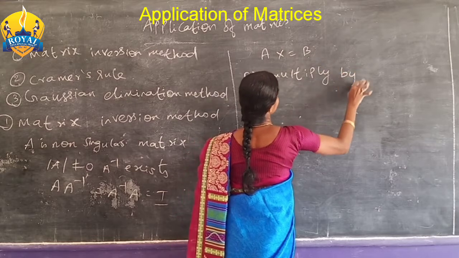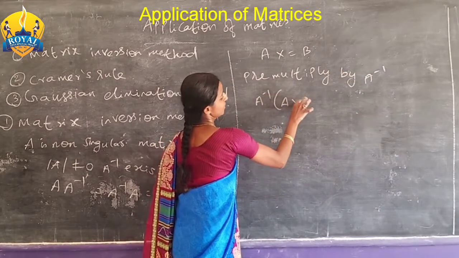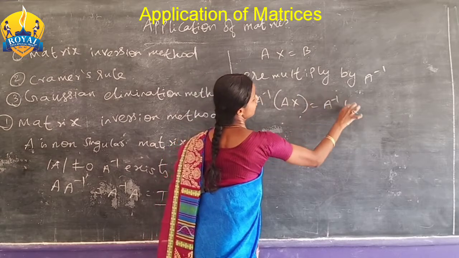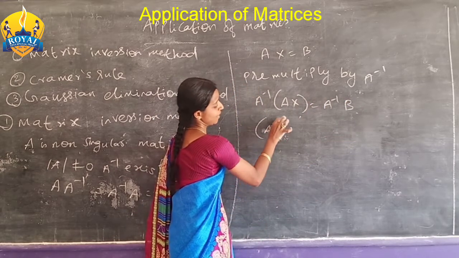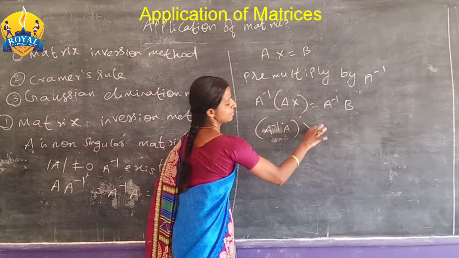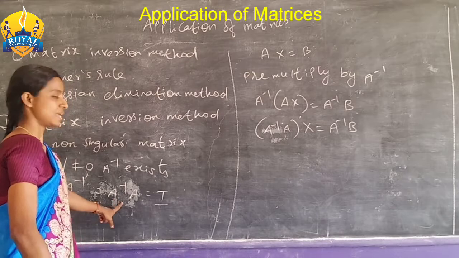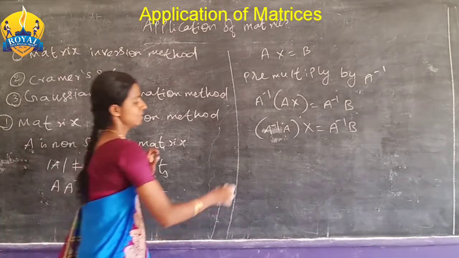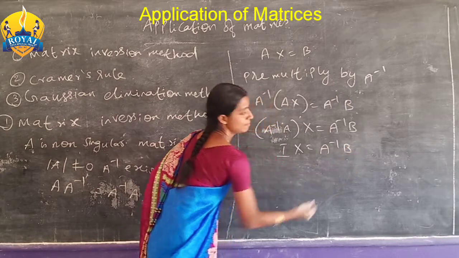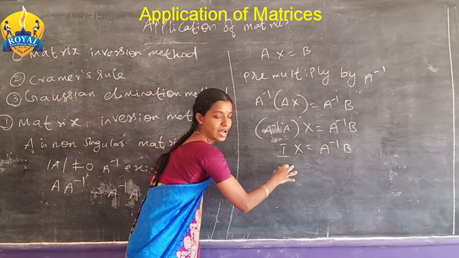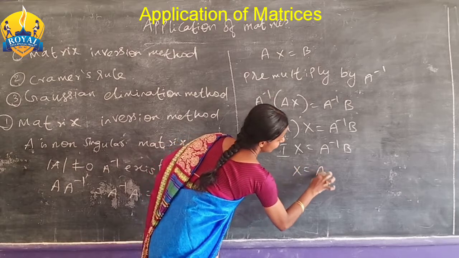So A inverse of Ax equals A inverse B. Using the associative property, you group A inverse A, and x equals A inverse B. We already have A inverse A as I, so the identity matrix multiplied by x gives A inverse B. Nothing but I into x. If I multiply the identity matrix with x, I get the same x.